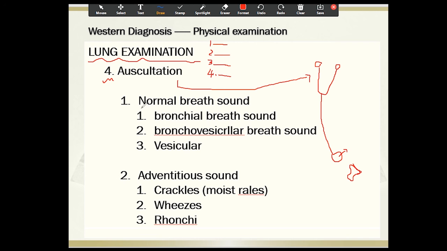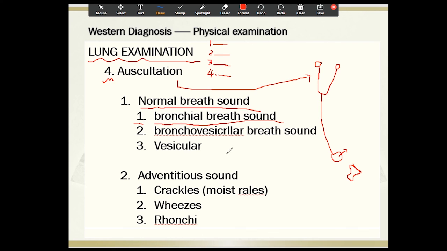Then we separate normal breathing sounds. Normal breathing sounds, we still separate into 3 different parts, which means we can hear 3 different sounds from our chest area. One sound we call bronchial breathing sound.